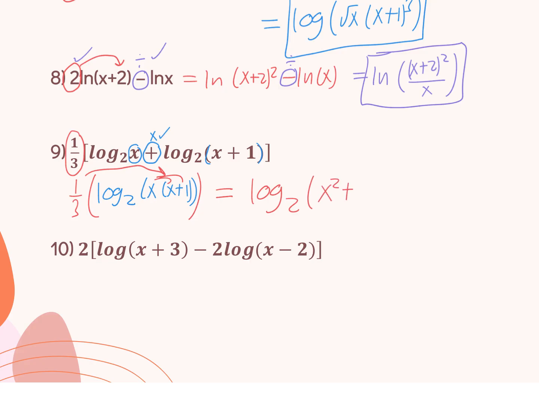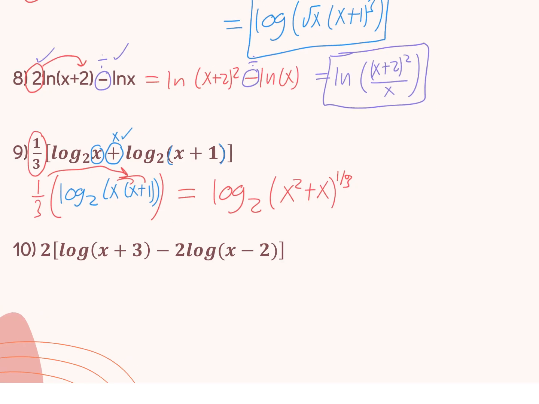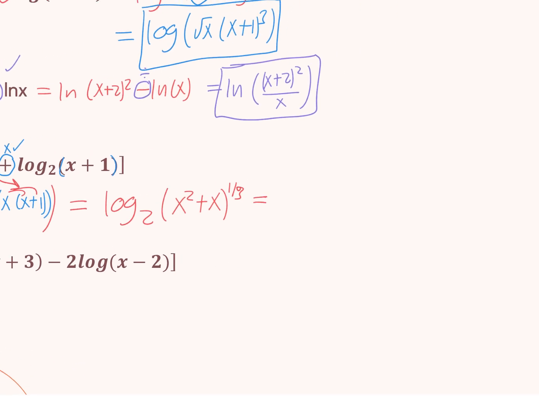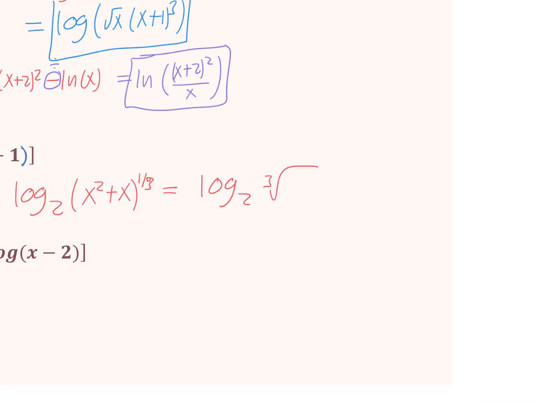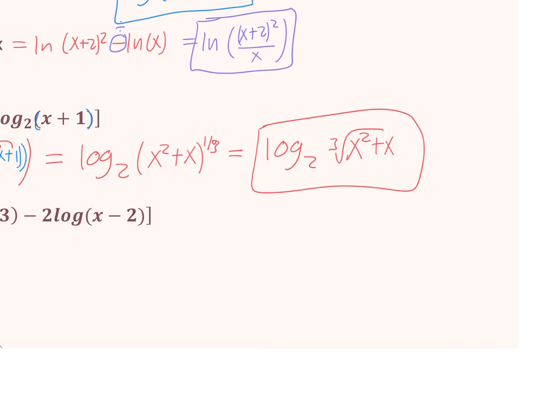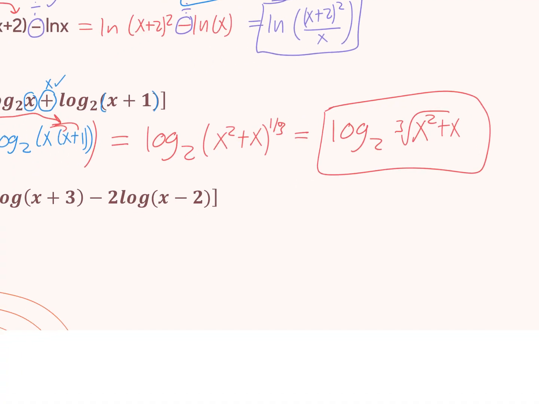And that's going to get us (x squared plus x) to the 1/3. And also notice anything to the 1/3 we can write as a cube root, right? So at this point, we did condense it. I'm just going to write it as a cube root instead, right? So this is going to be the cube root of x squared plus x. And that is fully condensed, right? Nothing more we can do to that. We have a singular log.